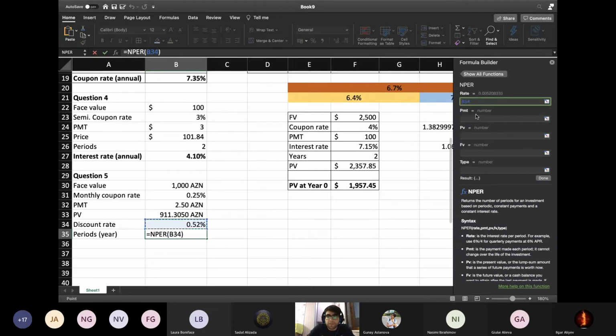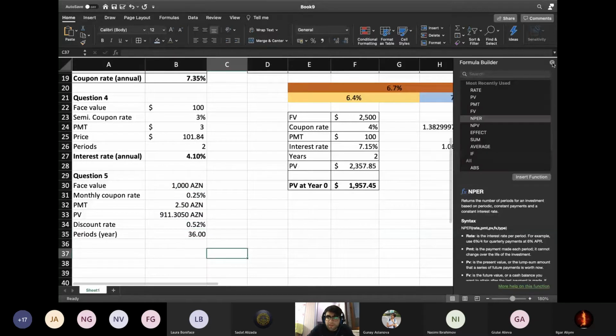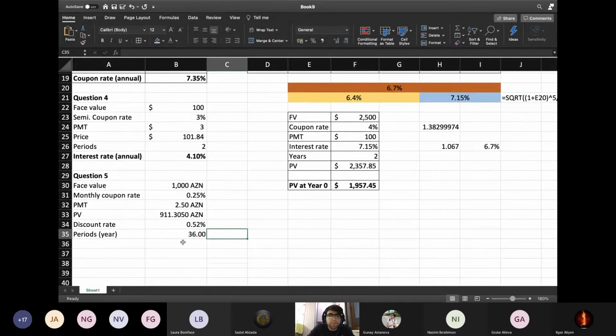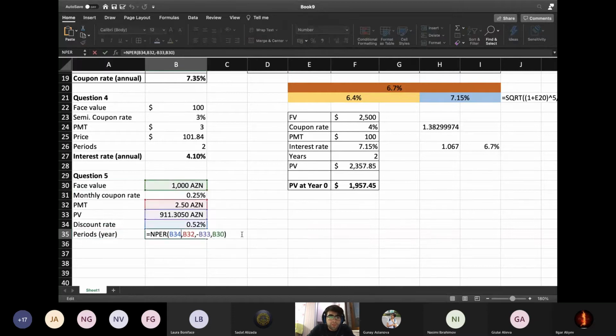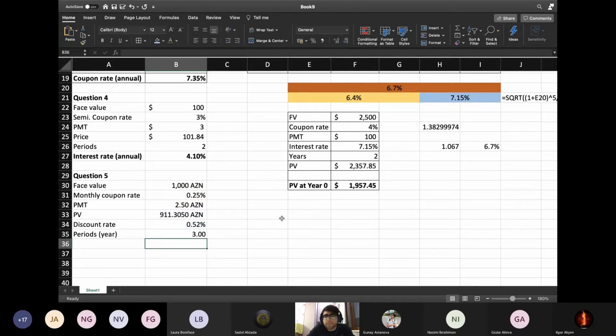Rate, PMT, present value, let me put minus sign here, future value. But this 36 is months, number of months, because we are paying our coupons monthly. So therefore, we should divide it by 12 in order to find number of years. We have 3 years, so our bond has 3 years maturity.